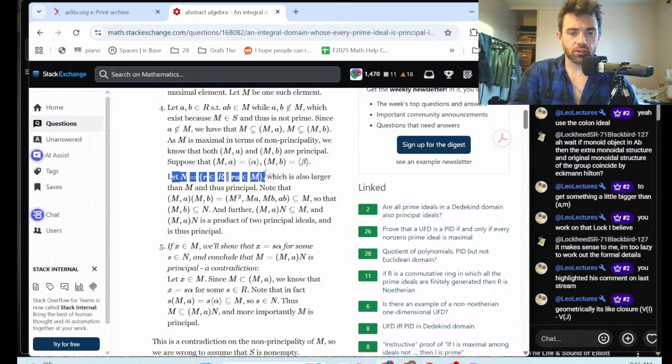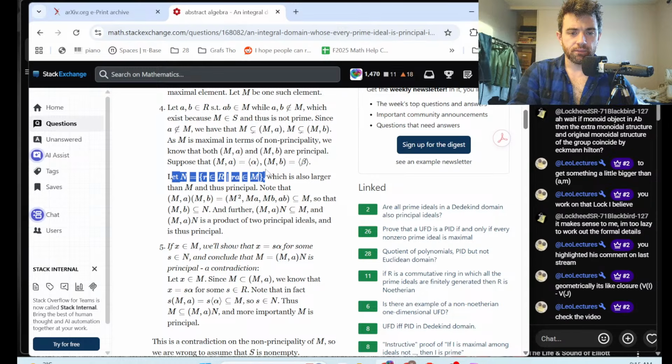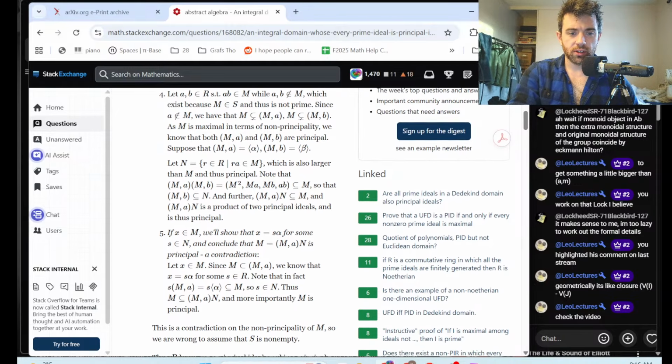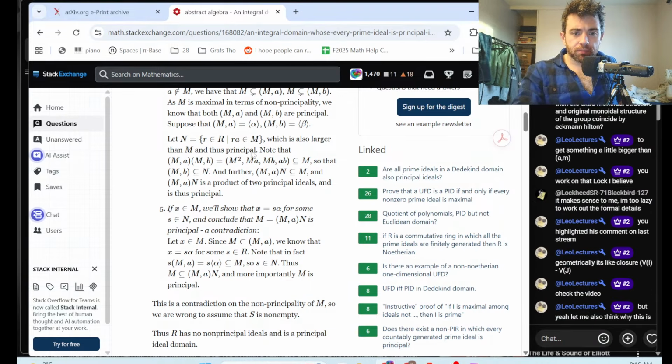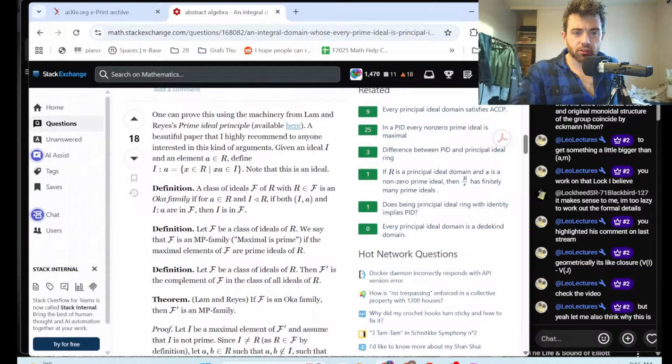No, but why does this contain M? This makes zero sense. And then they argue that the product is contained in M? This is also unclear. Okay, let's go to someone else's answer.